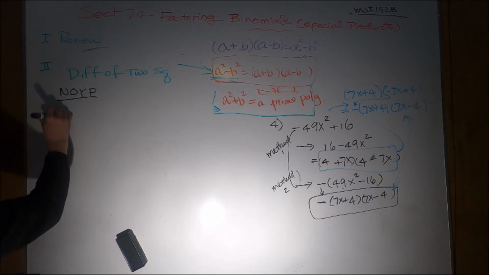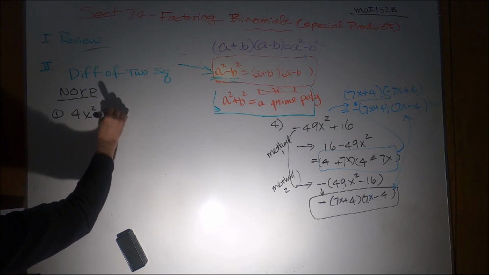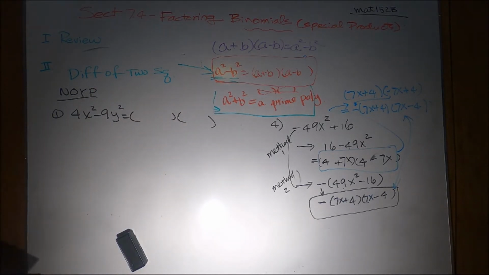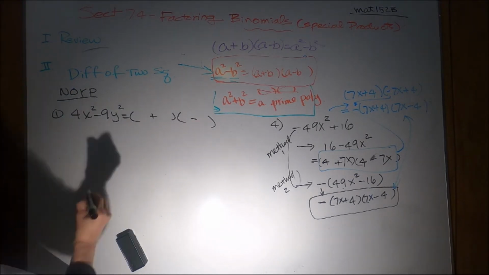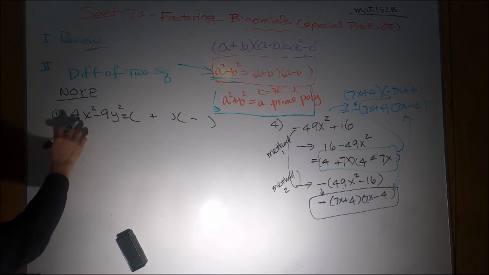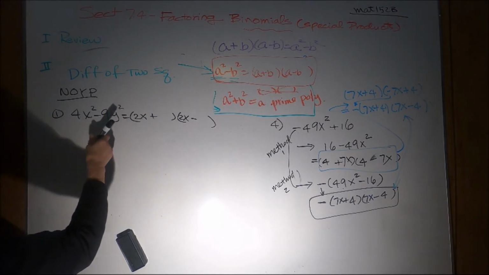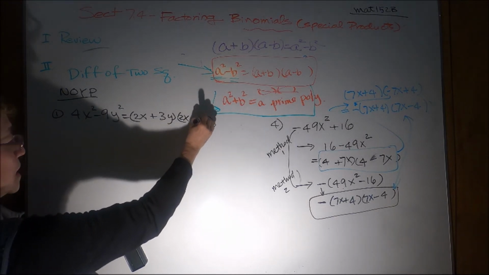So, if I have one like this, 4x squared minus 9y squared, what do you think your answer should be? Do I have a difference of two squares? Yes. So plus and minus. This one is what square? 2x. Right? This one is what square? 3y. That's how you would do it.